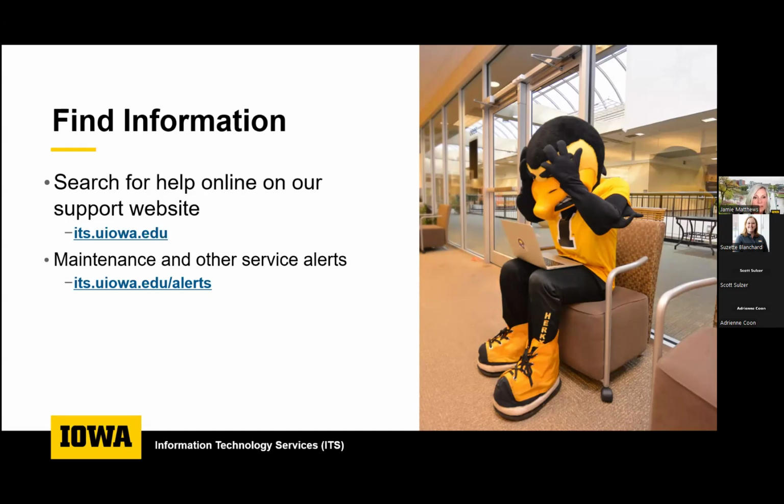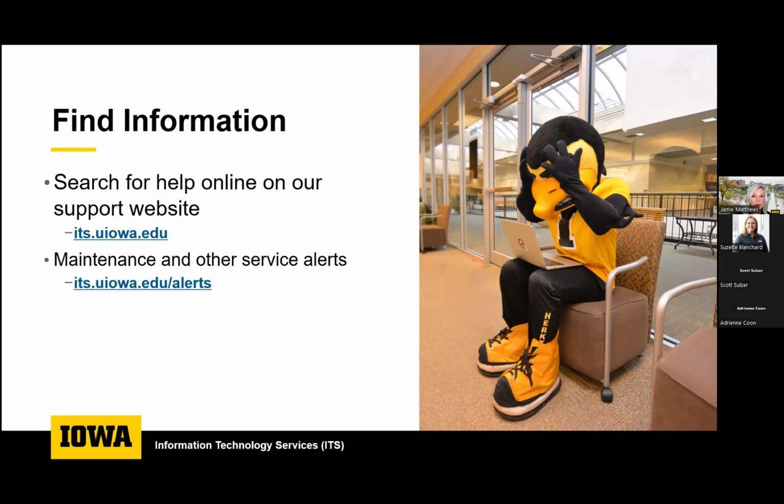The other thing we want students to be aware of is our alerts page, that /alerts website. If they are on campus and let's say they're trying to log into Icon, maybe they're getting some error message.